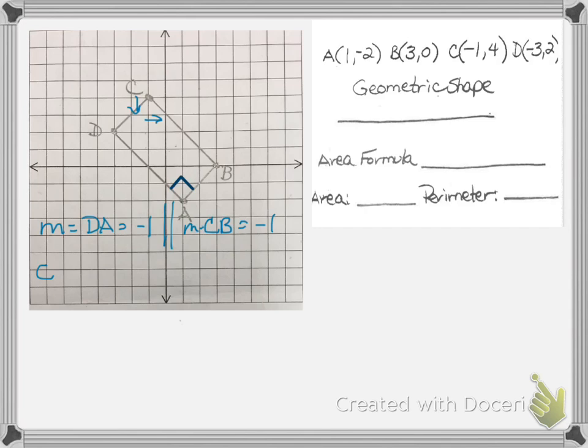So the slope of CD is +1. So let me erase this so that we can see it better. So we're going up 1, right 1, up 1, right 1. So CD is +1, and is the slope of AB +1 also? If you look at it, you're going up 1, right 1, up 1, right 1. Okay, so yes, the opposite sides are parallel. So yes, there's enough information here to show that this is a rectangle.